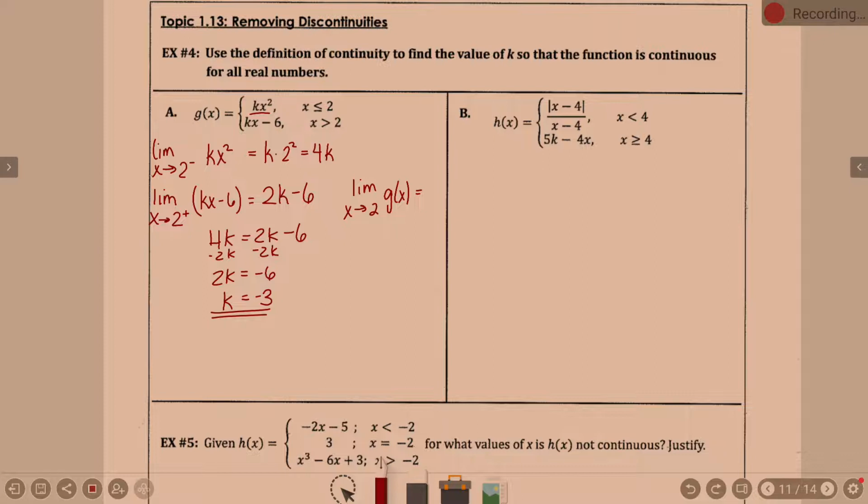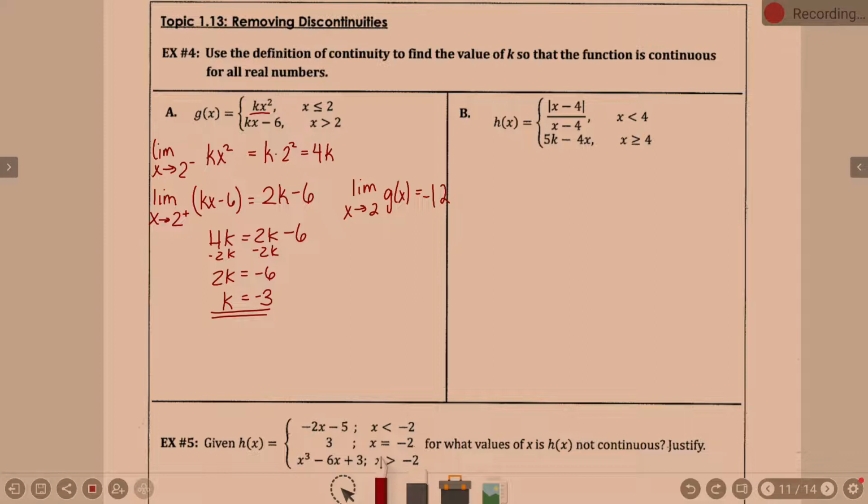If we do the right, negative 3 times 2 is negative 6, minus 6, which is negative 12. So we're getting negative 12 in both places. And does it equal negative 12 at that point? Well, at 2, what piece of the equation do we use? We use the top piece, which didn't we already come up with negative 12 there?